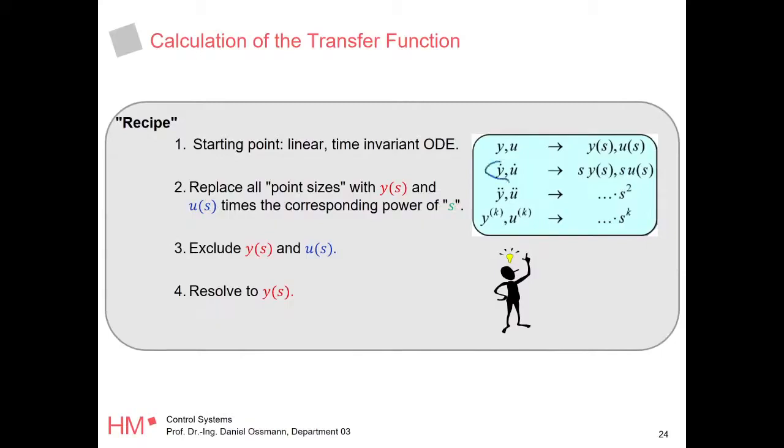For example, if you have the first derivative, you replace it by y times s and u times s. If you have the second derivative, with the second power of s. Then you exclude y and u, and you resolve for y. You can divide it through u as well, but you actually don't need to, because the transfer function will already be there. Okay, so this is the recipe.